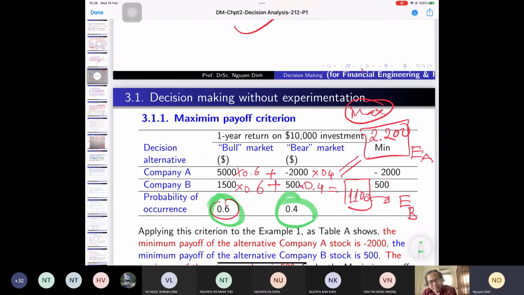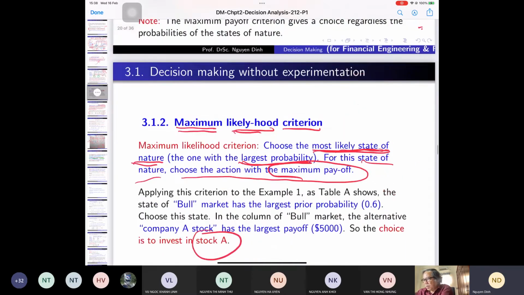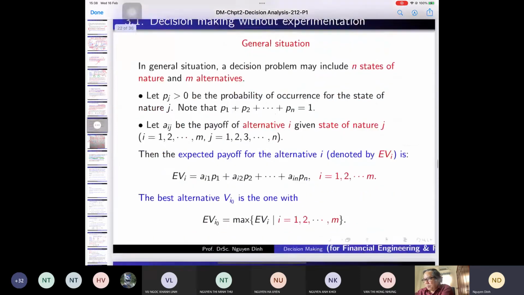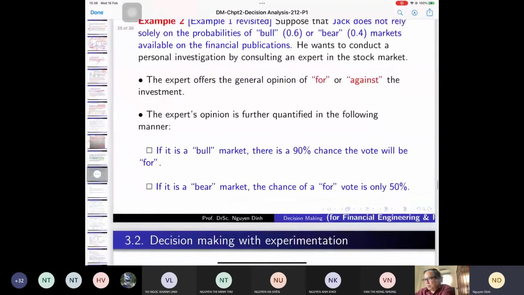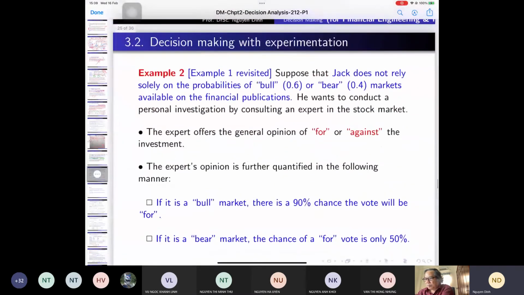And that's the idea. And the question is, how can we improve this prior probability? And the way we do is this. Here we come back to example one. We say example one revisited.